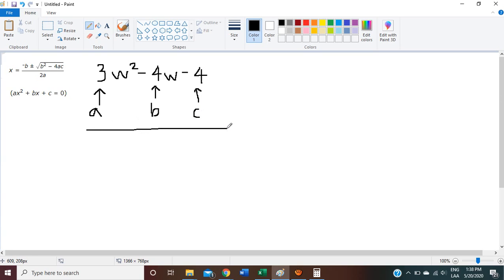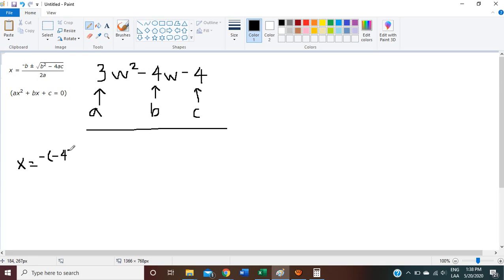Having said that, we're going to substitute these values into the general formula. What does our general formula say? It says x equals negative b. What is b? B is negative 4.